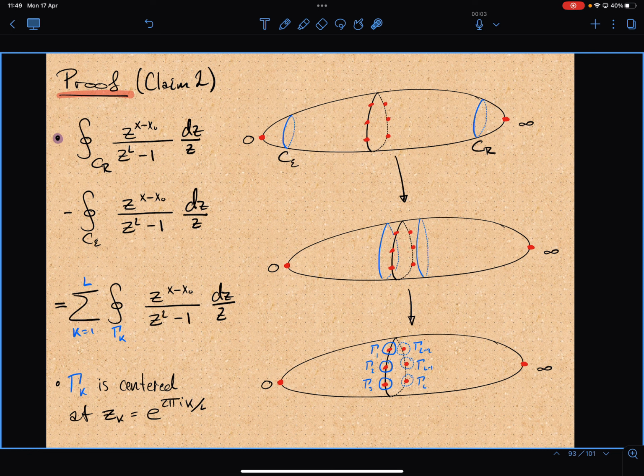So the best that I can do without crossing any of the singularities is have a collection of circles centered around each of these singularities, each of these roots of unity. So this contour integral becomes a sum of contour integrals centered around each of my roots of unity. And the roots of unity are the solutions to my equation c to the L equals 1. And that's how I built my eigenvectors.